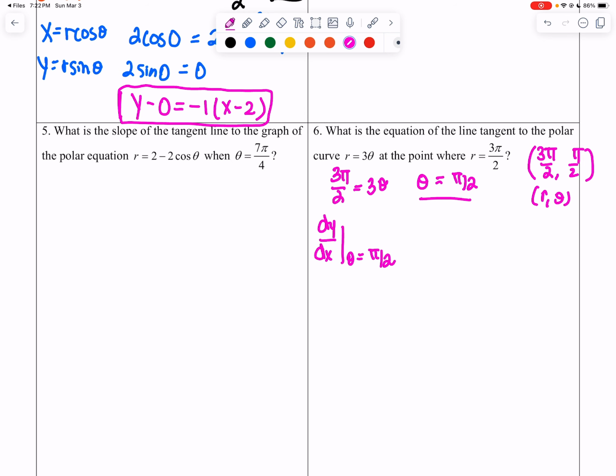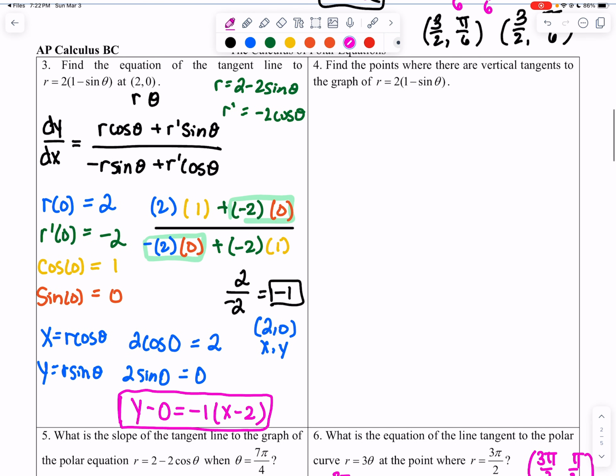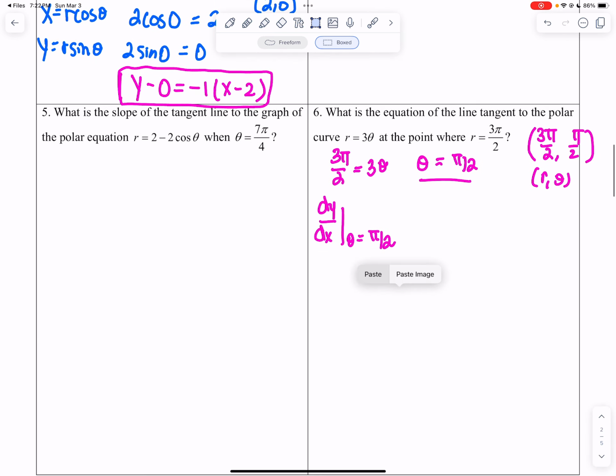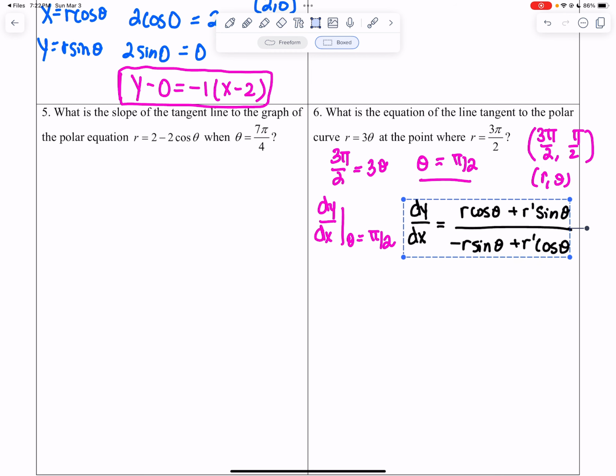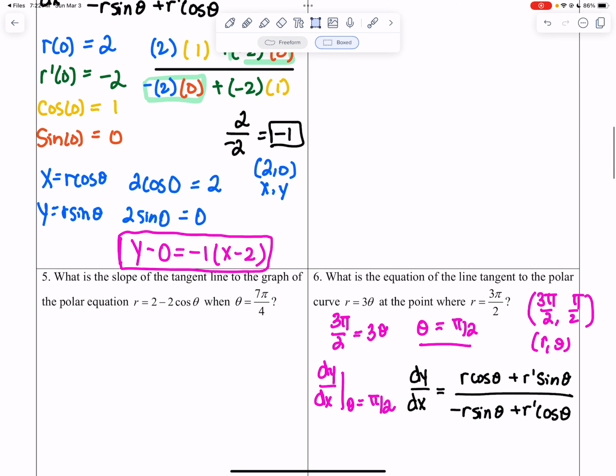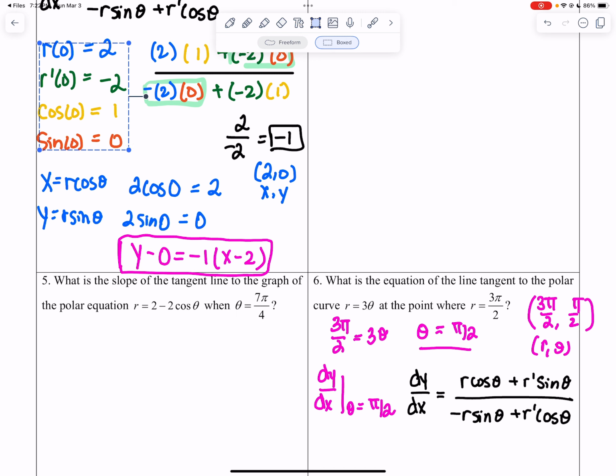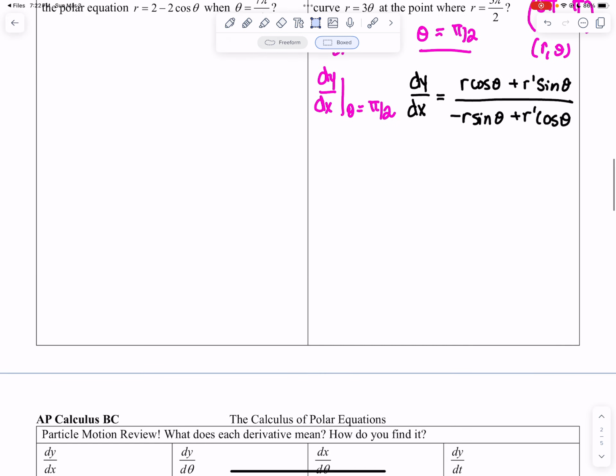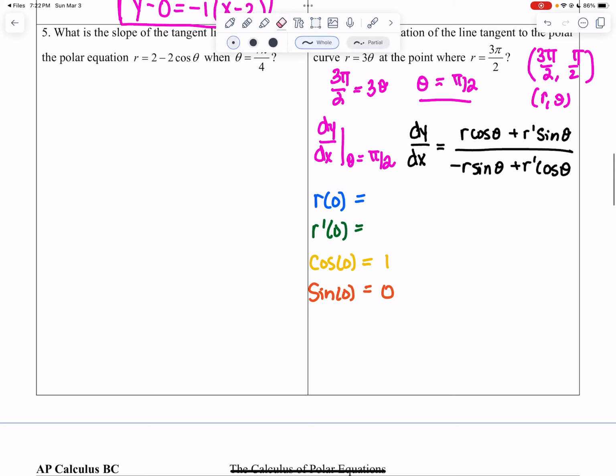All right, so to find the derivative, I'm just going to copy and paste this right here, and then plug in everything I know in terms of theta being pi over 2. What is that? Well, let's find out. Of course, I'm going to have to erase that. This is pi over 2.